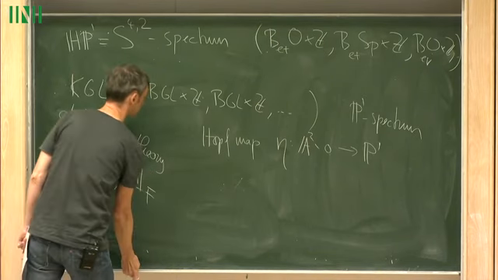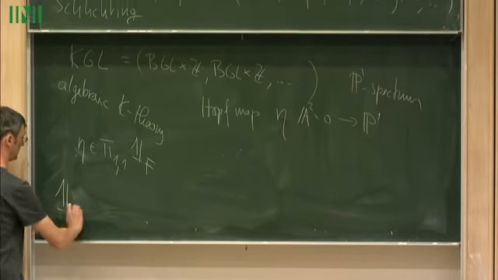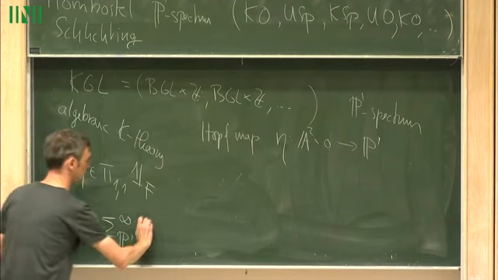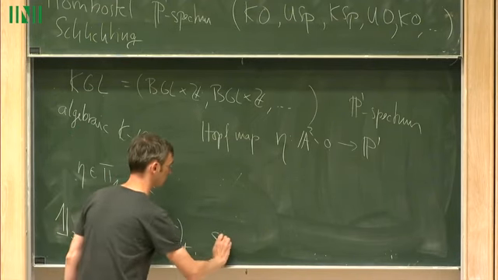Alright, I didn't introduce the sphere spectrum. Sorry about that. So this is the infinite P1 suspension spectrum of the spectrum of the base field with a disjoint base point.